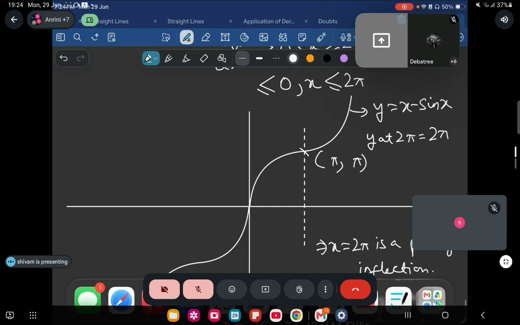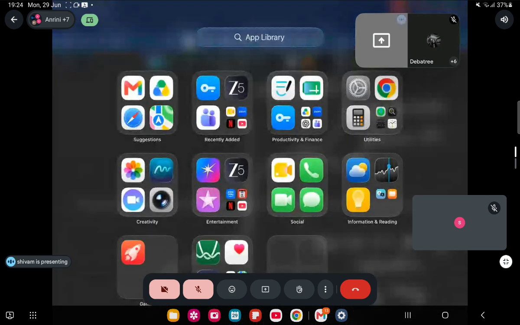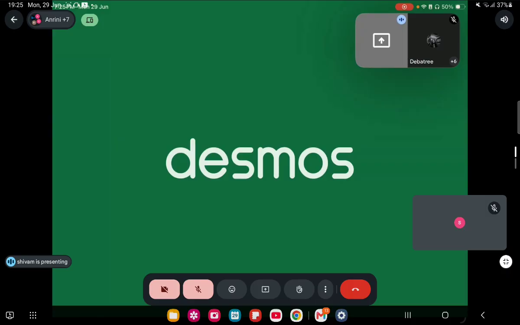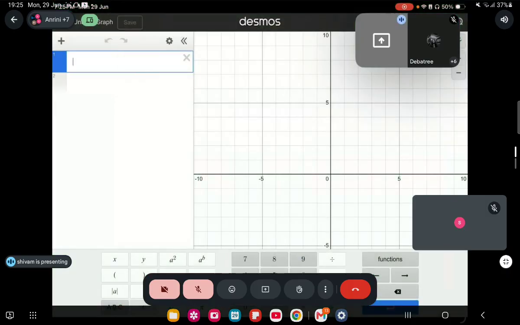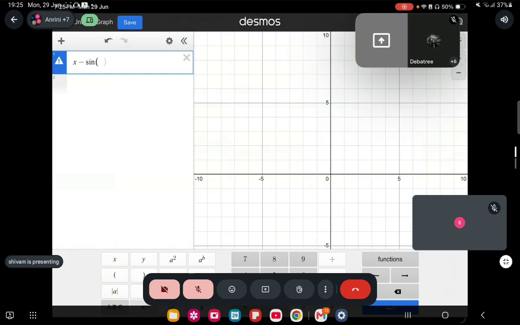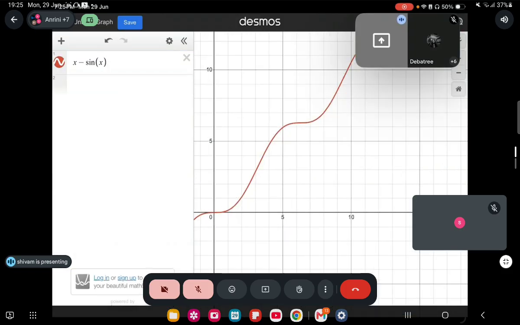Let us see whether the graph is correct or not. It was f of x equal to x minus sin x. See, you should be able to understand how to draw the graphs. Okay, it is very important for Advanced. See, everyone, we have drawn the graph correctly only.